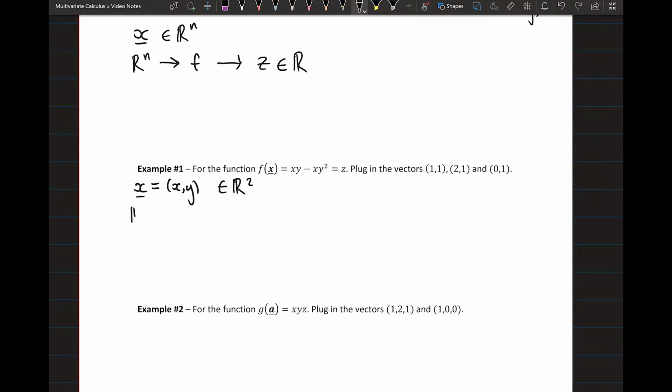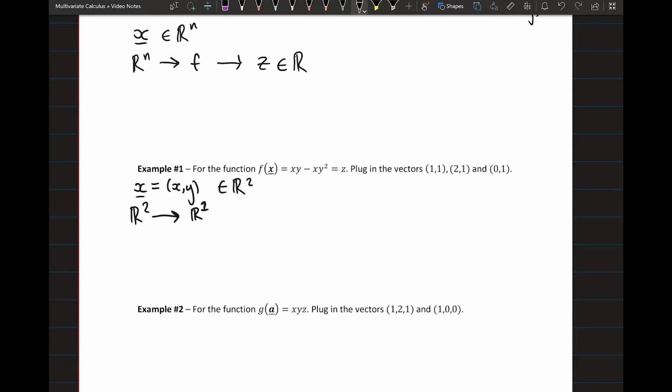So we can say that we have some vector going through a function and giving us an output in R1. And that is normal for a function that we evaluate. Otherwise, you either get a vector or you can get a matrix, which is a linear algebra concept, which I might do another series on later on.